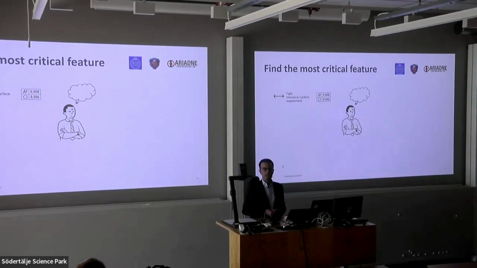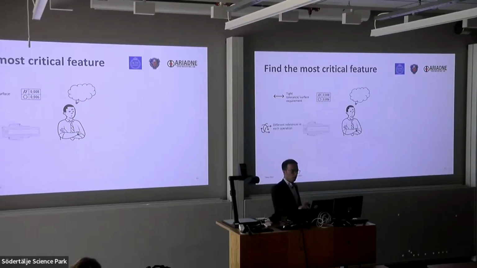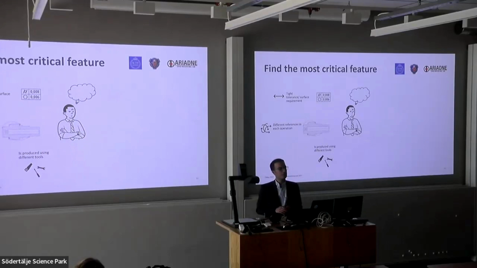And when we are talking about the challenges, we mean the manufacturing challenges, the cost point of view, and the time point of view. Or maybe he thinks that a feature that's produced using different references in each operation would be challenging, or a feature that's produced using different tools.